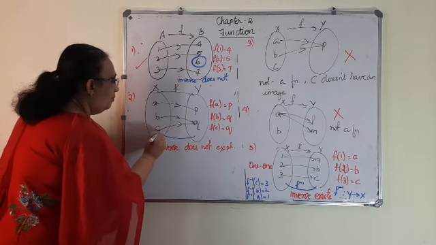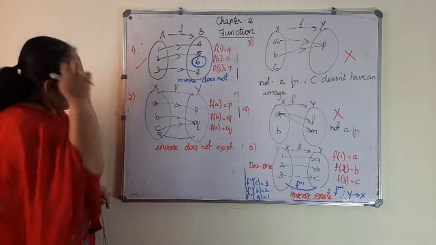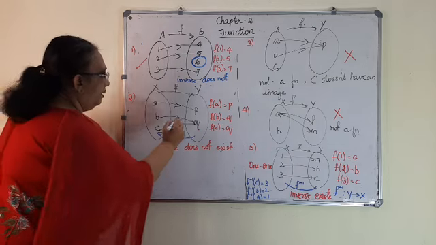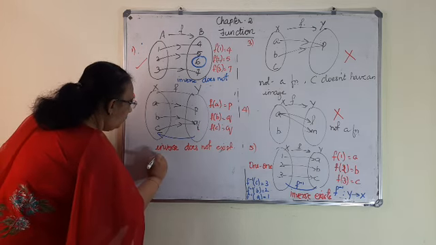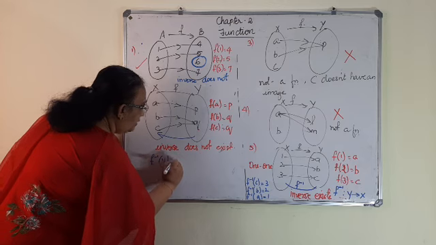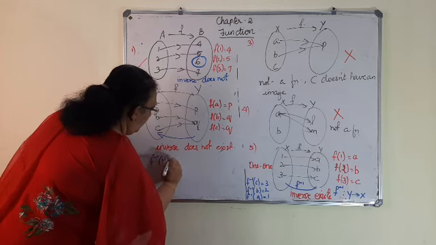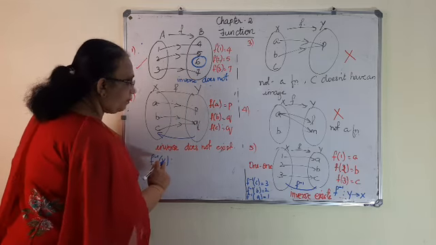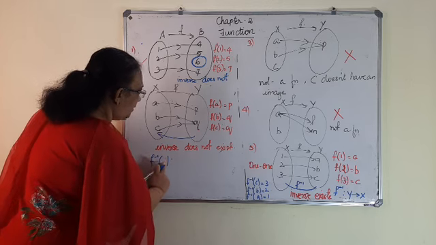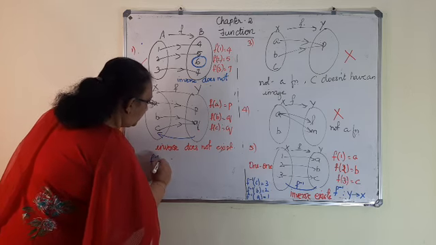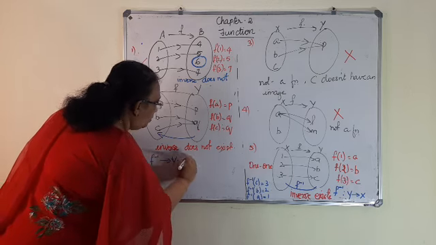Inverse is from y to x. Then y becomes f inverse of y. F inverse is a function from y to x.